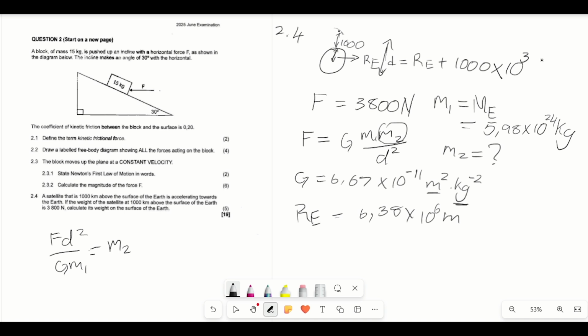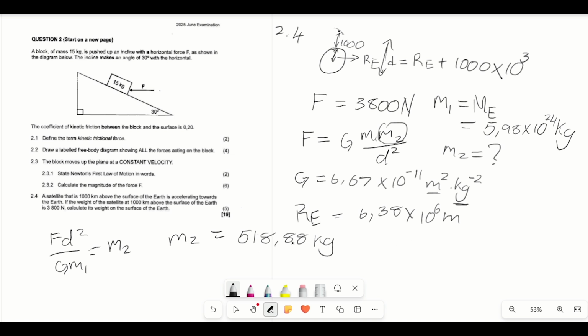So my final answer for the mass of the satellite is 518.88 kilograms.